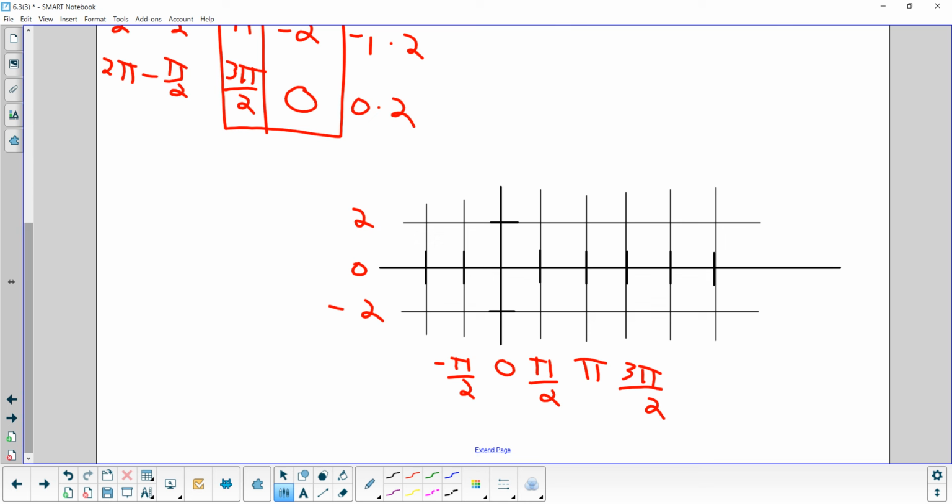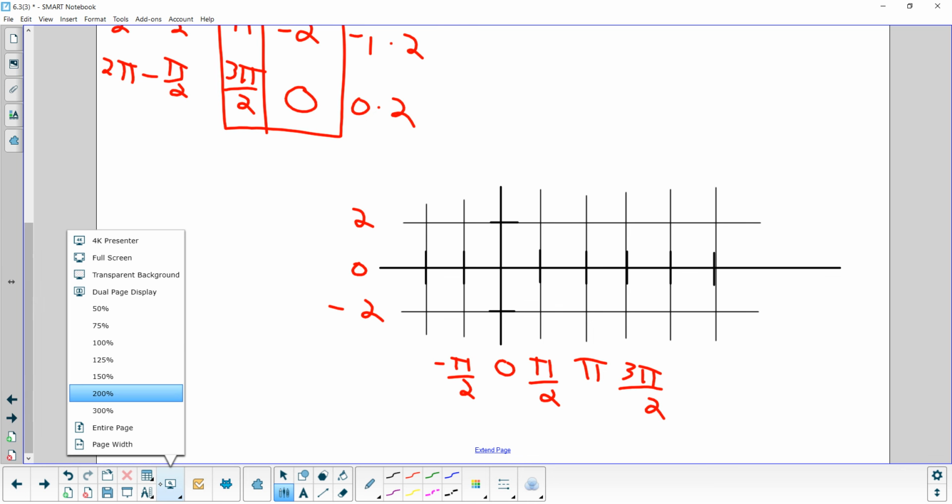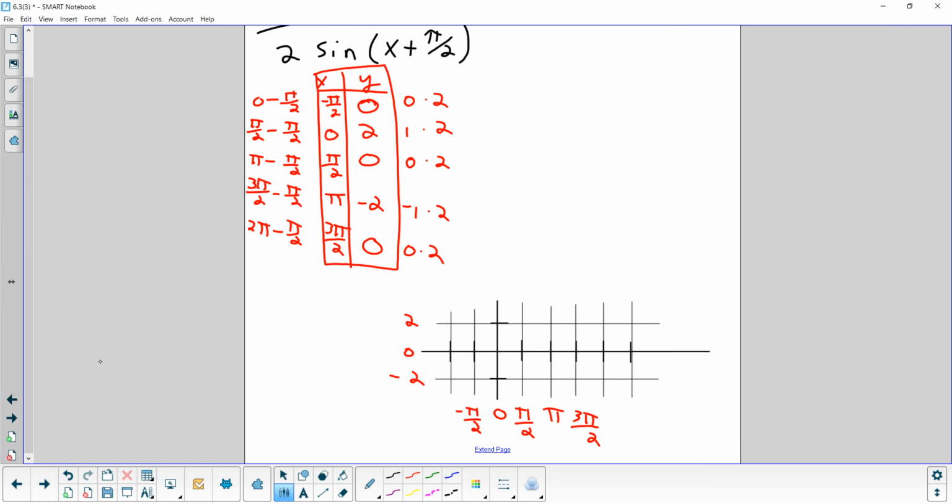If those were all in degrees, you'd see very easily the pattern. That's negative 90, 0, 90, 180, 270. They're all separated by 90 degrees. All right, and now plot your points. Negative pi over 2, 0. 0, 2.